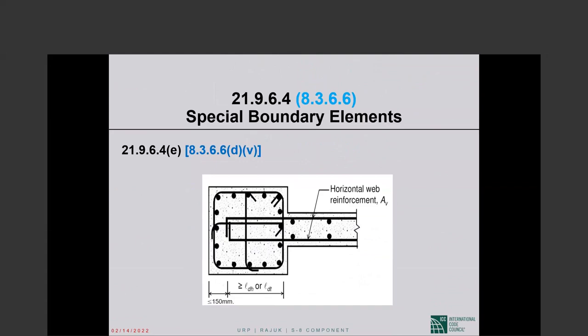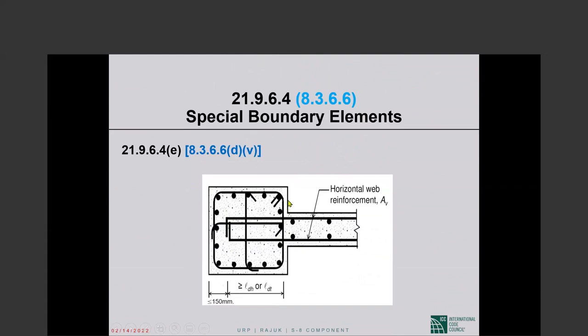Okay. The next thing ACI 318 goes into is horizontal shear reinforcement. We have hooked them for development.